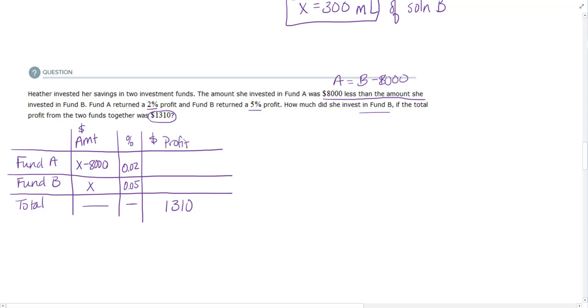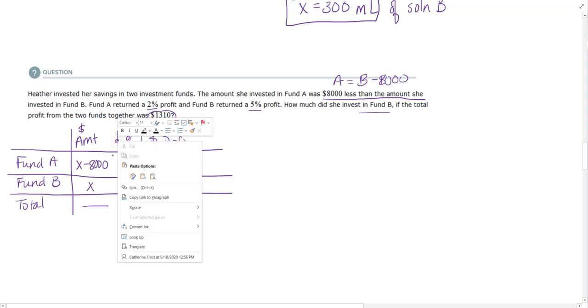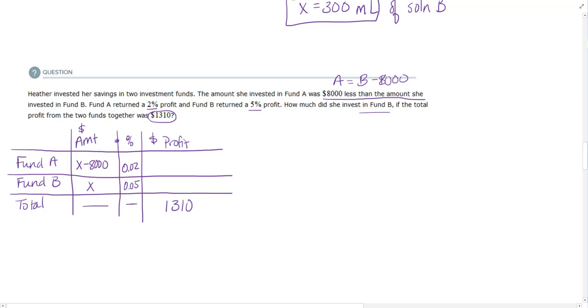So now we're ready to multiply across. So the profit would be the amount that we're starting with, the base amount, times the percentage. So x minus 8,000 times 0.02. I'll just write it out instead of trying to multiply it here. So x minus 8,000, you could go ahead and distribute it if you want.